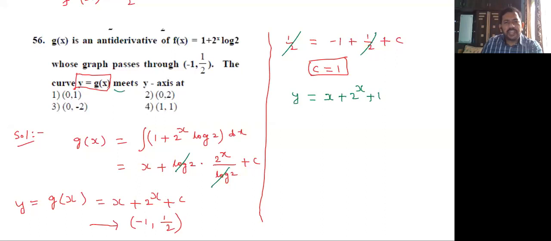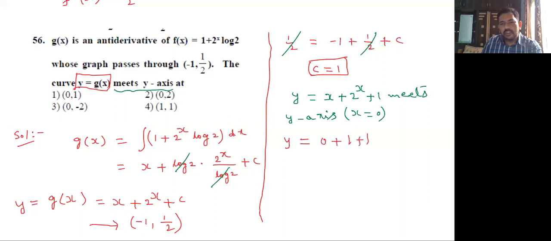And it meets the y-axis, given. On the y-axis, the x coordinate is 0, or not? Now substitute x equal to 0. Then what is the y value? 0, and 2 power 0 is 1, that is 1. So finally, y value is 2.